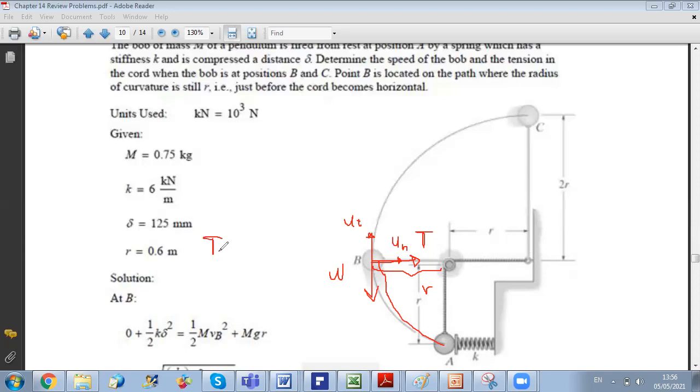Tension at B is equal to the mass of the ball, m, times an, which is vB squared over the radius of curvature at B, over rho at B. What is the radius of curvature at B? It's equal to small r, which is the radius of this circle. So I will replace rho B by small r.